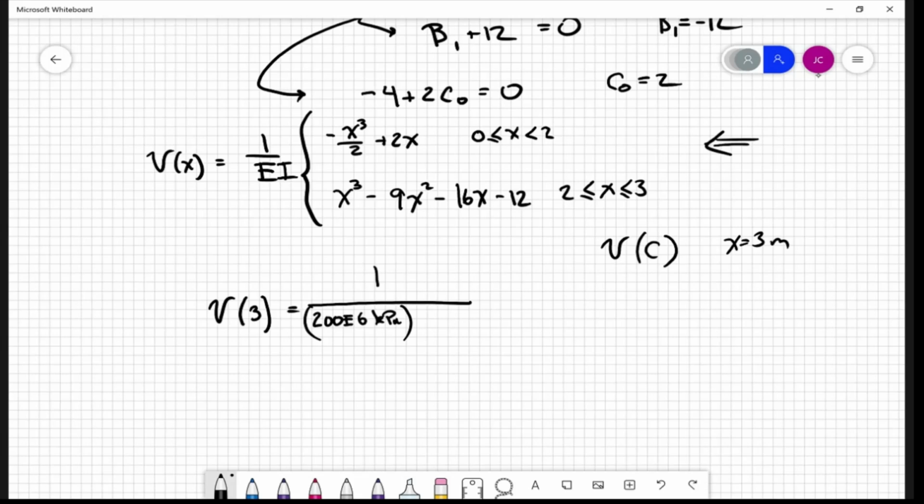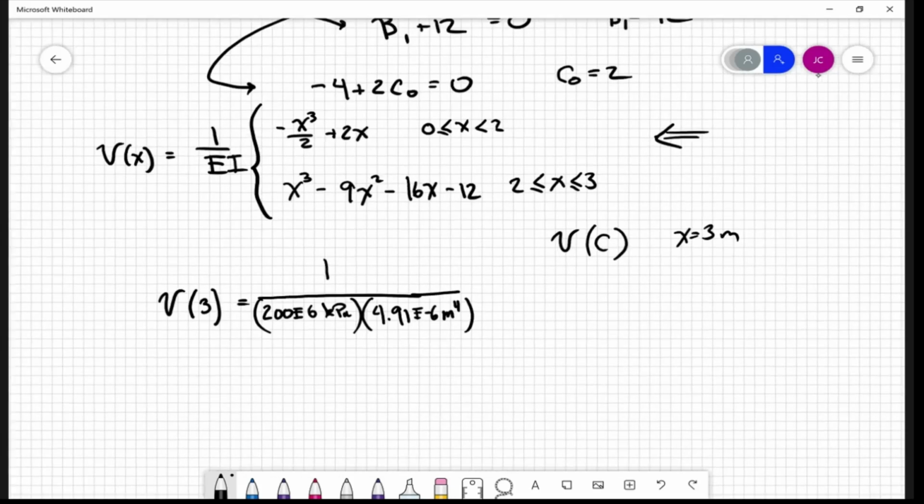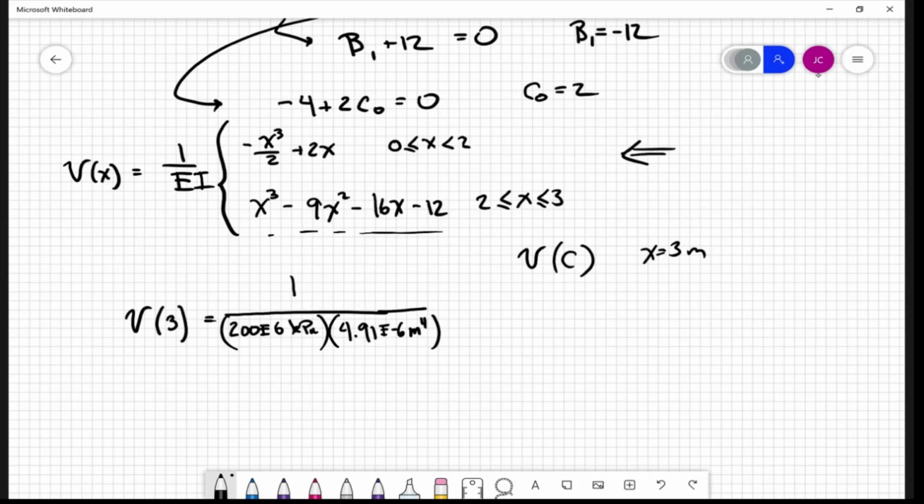And then for I, it's the 4.91 to the minus 6th, right? And that's meters to the 4th. And then that gets multiplied by this equation evaluated at x equals 3 meters.